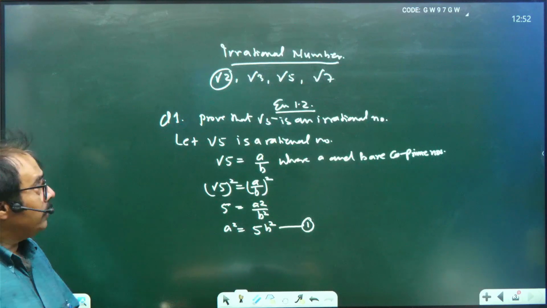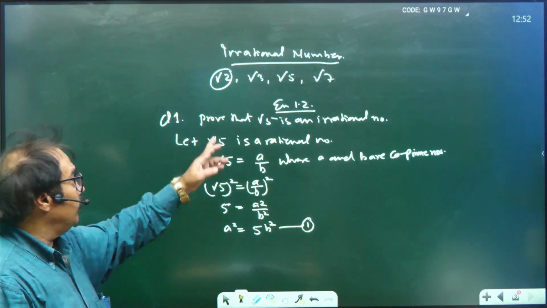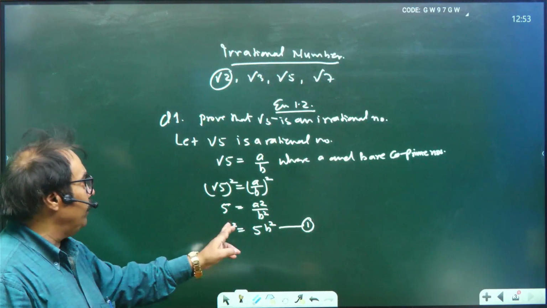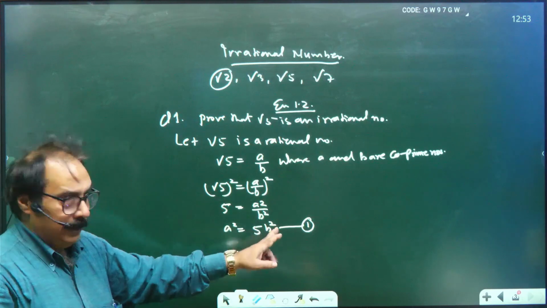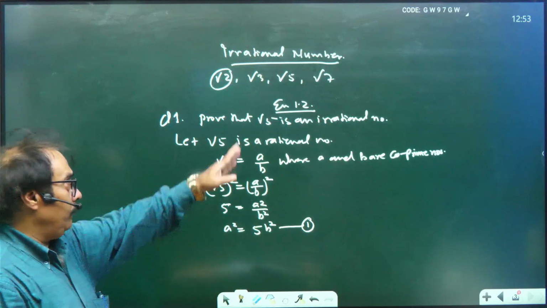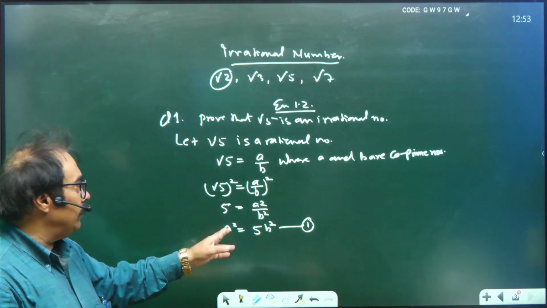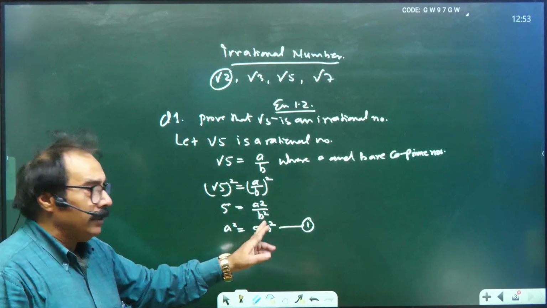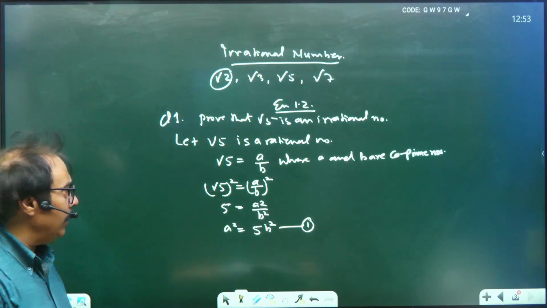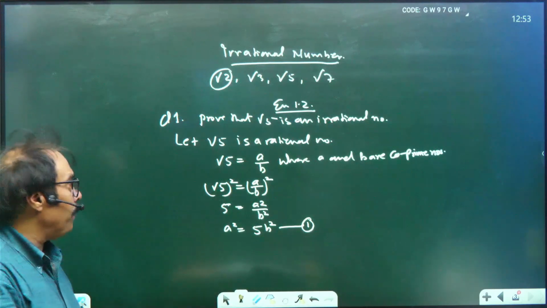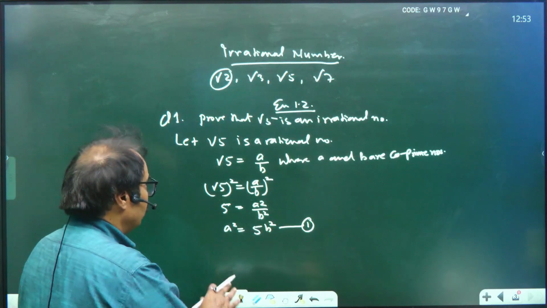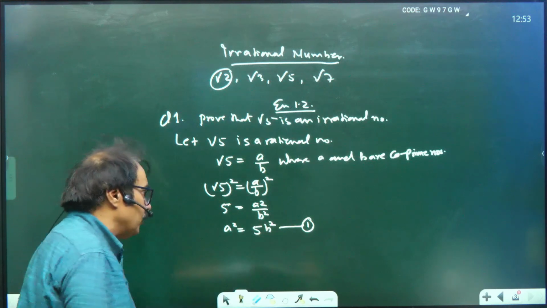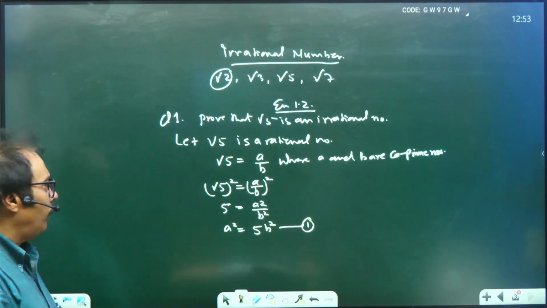If you are taking root 3, then after squaring, a square is equal to 3b square. If you are taking root 7, then a square is equal to 7b square. The process remains the same.